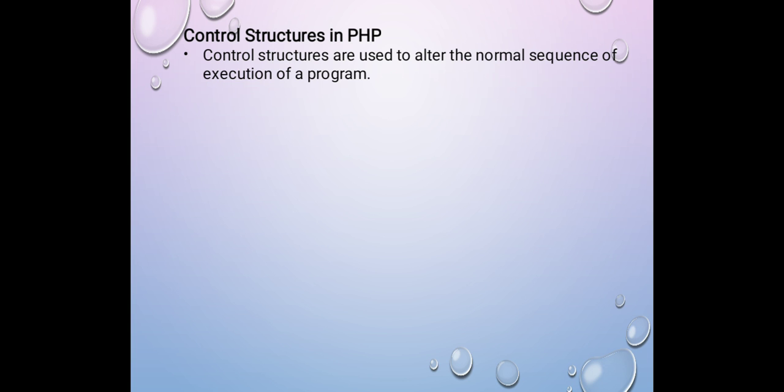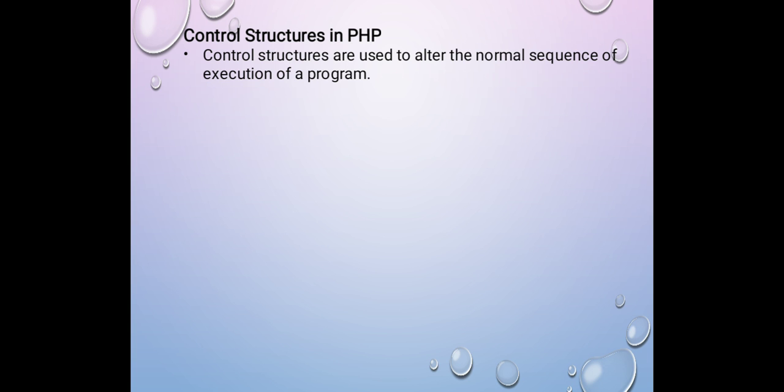The first one is conditional statements, and the second one is loop statements such as while, do while, and for. These are the three iteration statements or looping statements, and these support the repeated execution of a particular code.